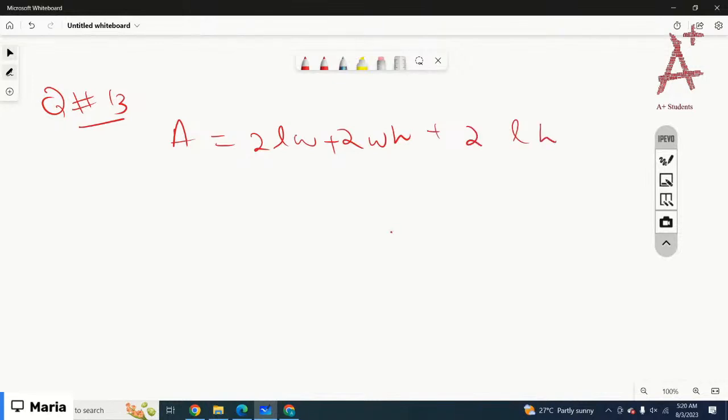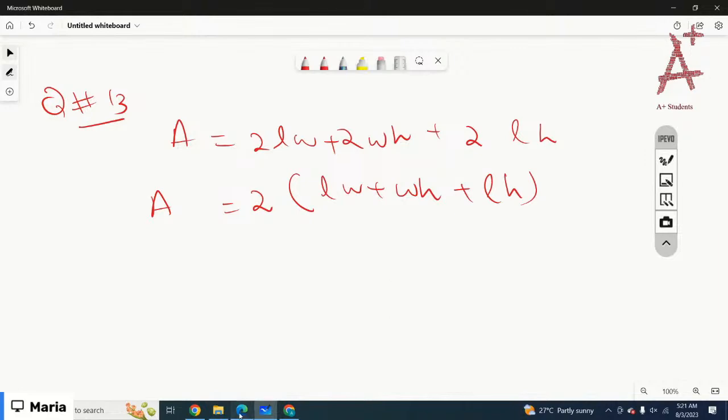The factored form of this is, you have 2 common, so it would be 2 times (length times width plus width times height plus length times height). That is the surface area in factored form, right?